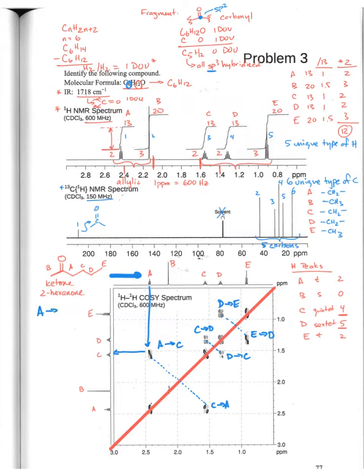So we're saying A is coupled to C, C is coupled to D, and D is coupled to E. So we can basically substitute those things into one another and end up with the following relationship.